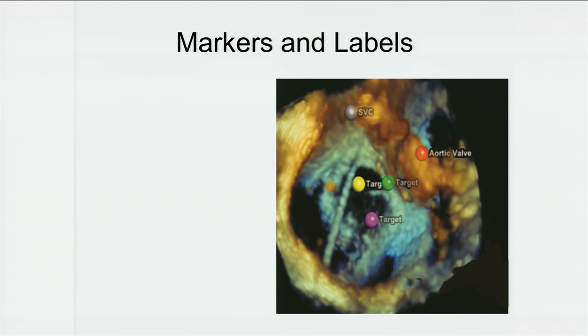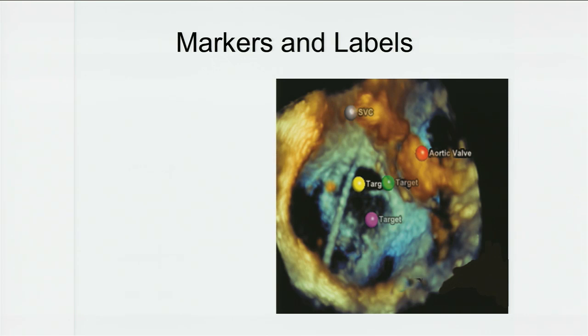Next, how can we help understand what's going on in the 3D TEE images versus getting lost in 3D space? Well, now there's the technology available to put markers, to put labels in these 3D data sets so we can get some orientation: where the aortic valve is, where the SVC is, and also the target.